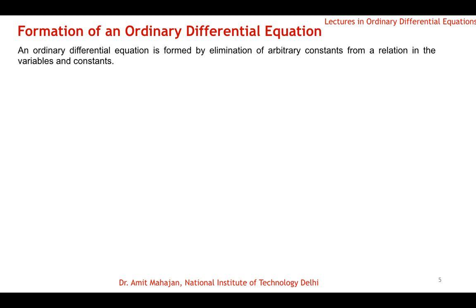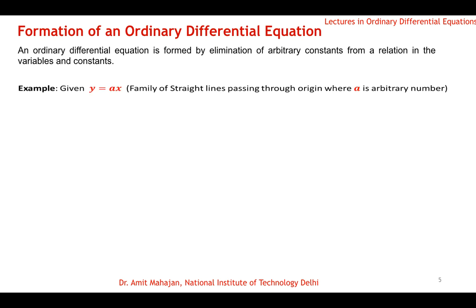Now, how to formulate an ordinary differential equation. An ordinary differential equation is formed by elimination of arbitrary constants from a relation in the variables and constants. If you are given any equation in variables and constants, say for example y is equal to ax, where x is a variable, y is a variable, and a is a constant, an arbitrary constant, an arbitrary number.